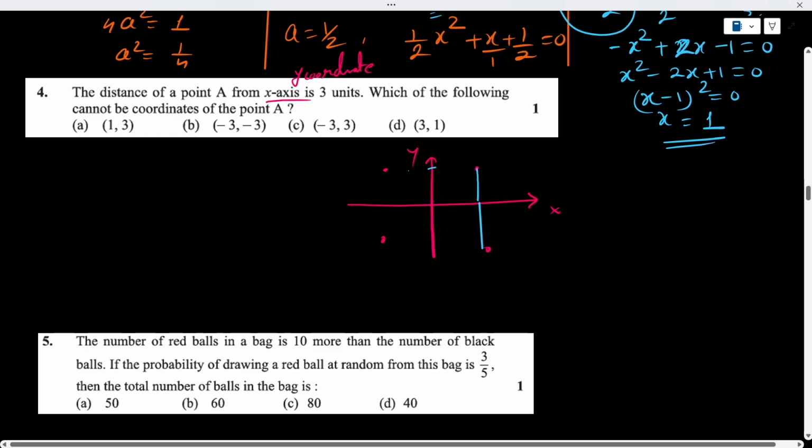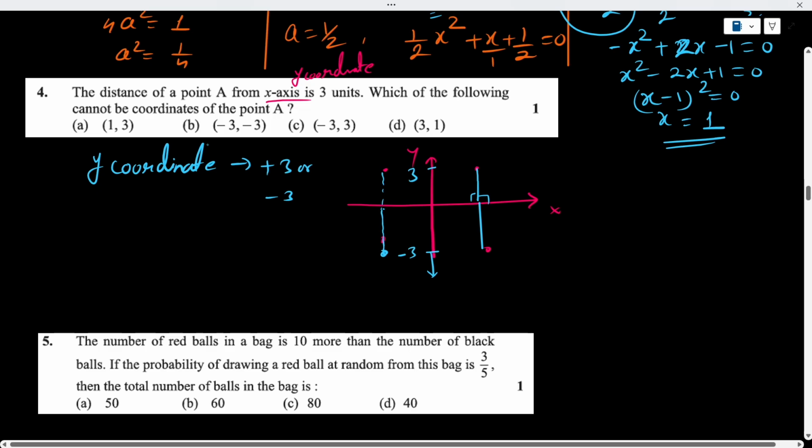So it can be either in the positive direction or in the negative direction, whether you take it from here or you take it here. So this is the distance. That means your y-coordinate is going to be positive 3 or negative 3.